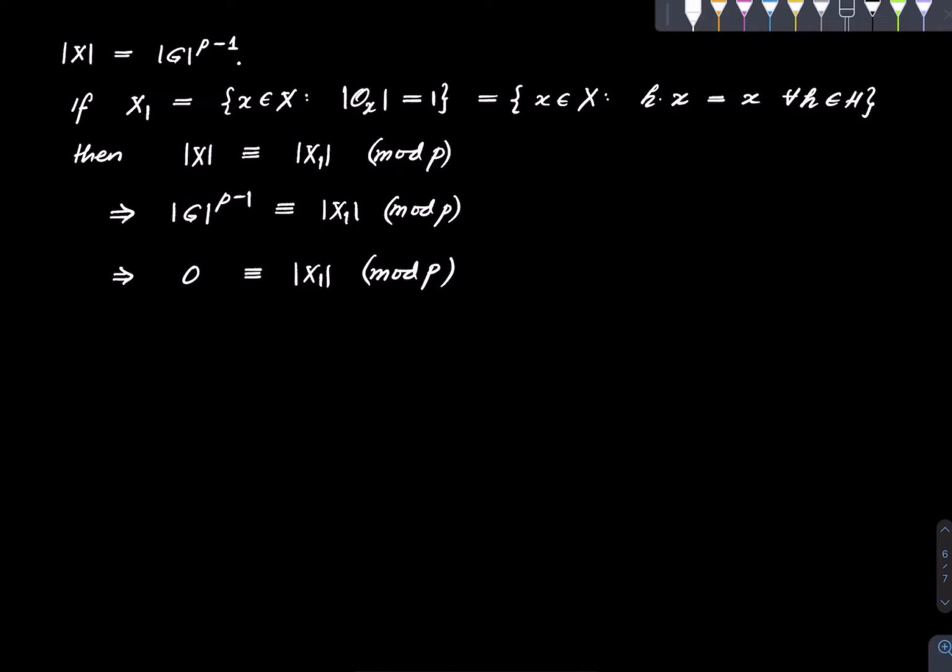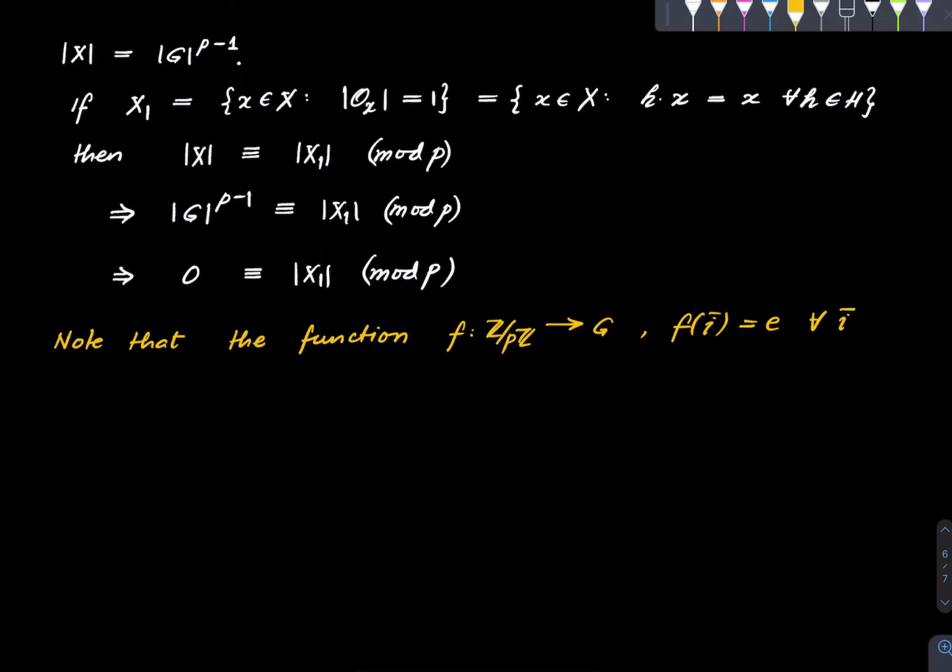Okay, so far it's still unclear how we are going to produce an element of order p in the group G. But here is the last point. Note that the constant function which takes everything to e is in X1.